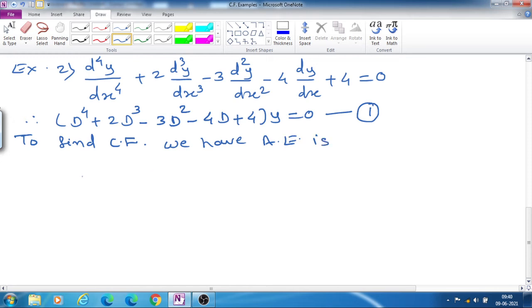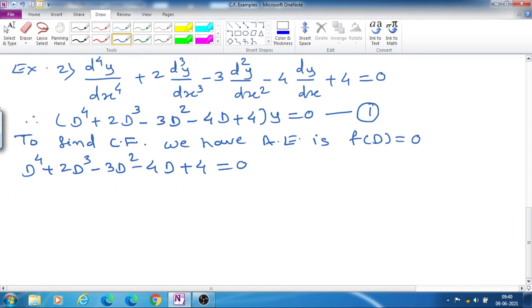So the auxiliary equation is only F(D) = 0, and our F(D) is here D⁴ + 2D³ − 3D² − 4D + 4 = 0.